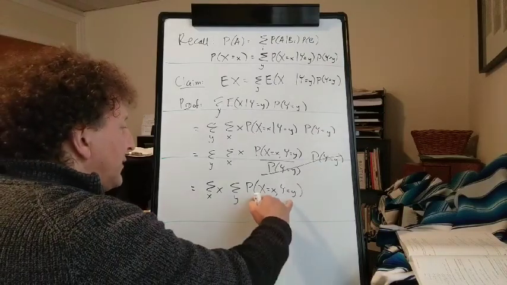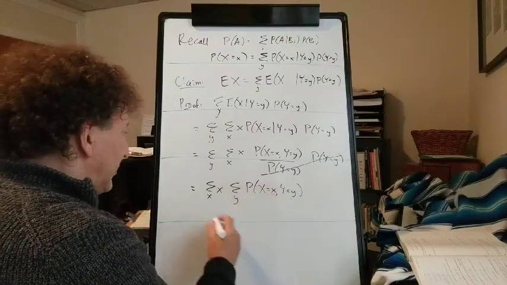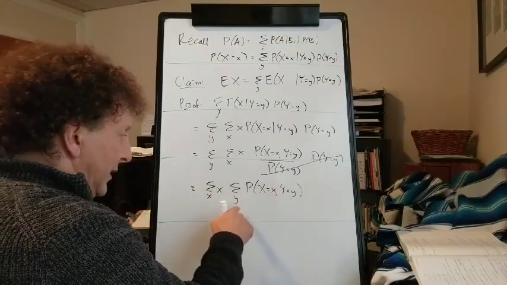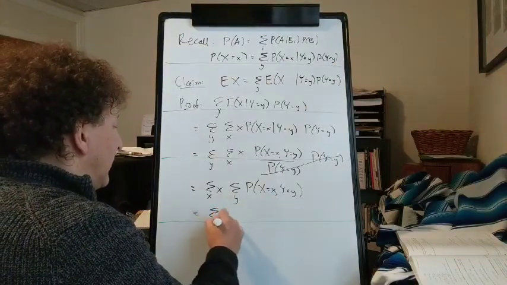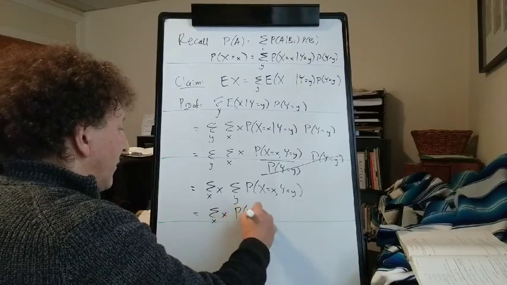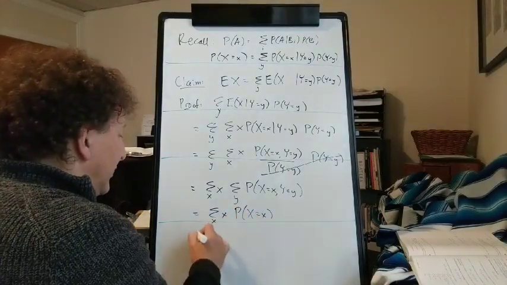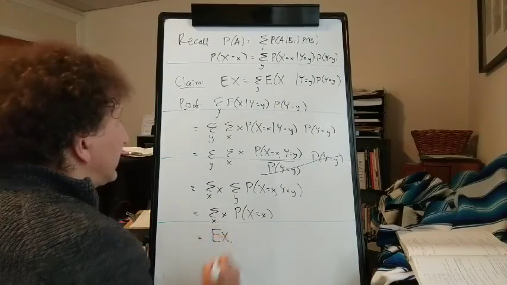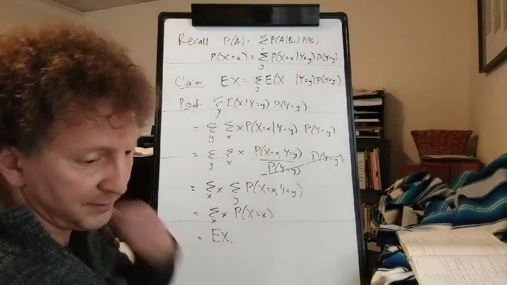But if we sum all of these together, this is just the probability that capital X equals little x. We essentially get rid of all the y's by the summation. And now this simple sum is just the expected value of X. So indeed the right-hand side is equal to the left-hand side in this claim.